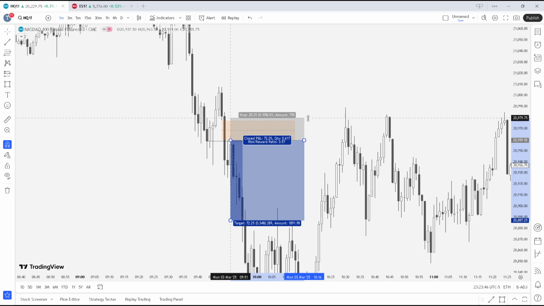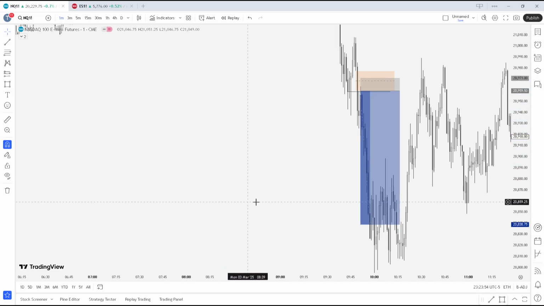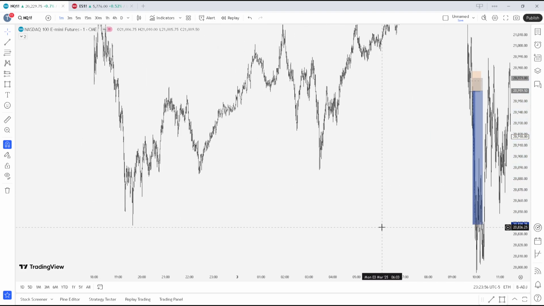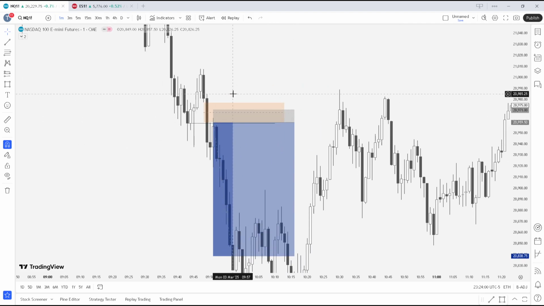So you can put your stop above the CE, consequent encroachment, or the swing high up here. And then we target any kind of obvious liquidity pools down here. But basically, unicorn setup is when you have your fair value gap and breaker block and they line up.